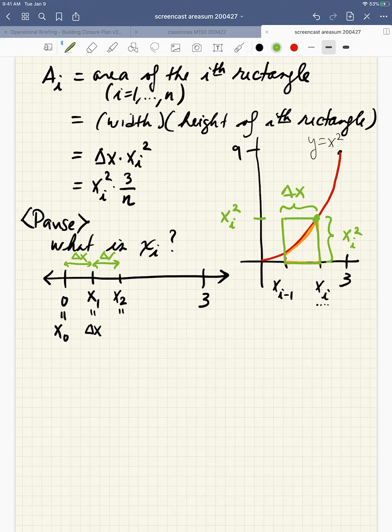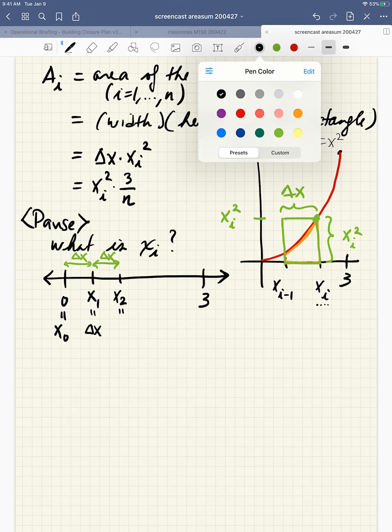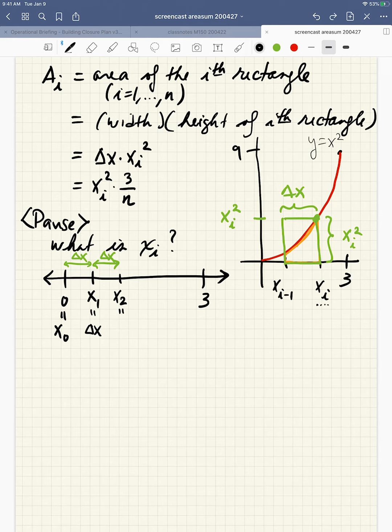This distance here is delta x. So x2 must be 2 delta x. And likewise here, x3, that's going to be 3 delta x. And that continues. And so this last one out here, 3 is going to be n delta x.